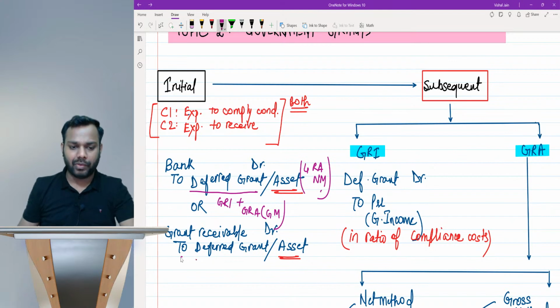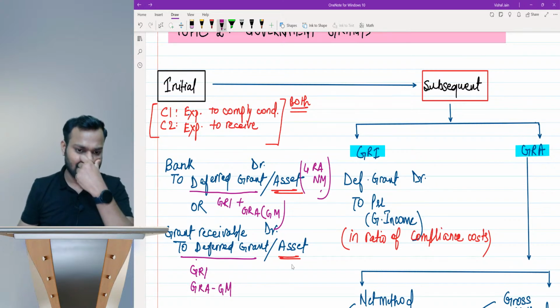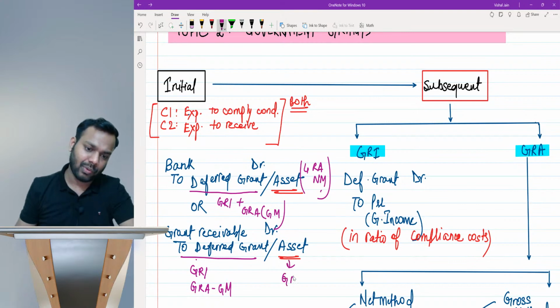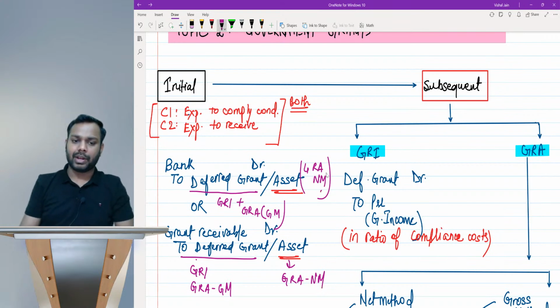Again, similarly, we'll use deferred grant when grant related to income or grant related to assets gross method, and this one in the case of grant related to assets net method. Is that clear, everyone?